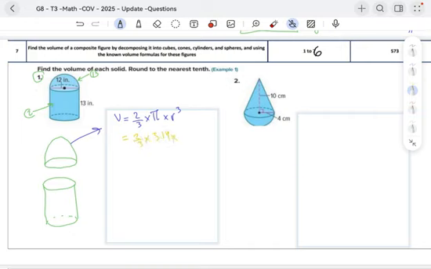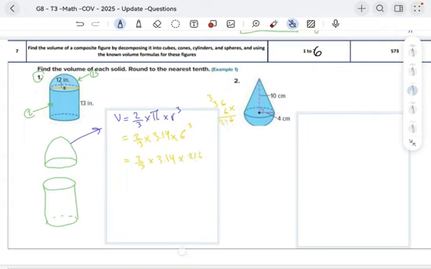The diameter is 12, so the radius will be 6, cubed. 2/3 times 3.14, 6 times 6 is 36, 36 times 6, 6 times 3 is 18, 18 plus 3 is 21, so 216.